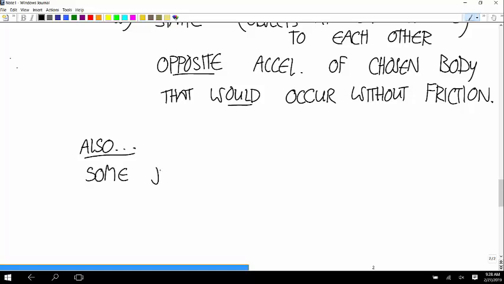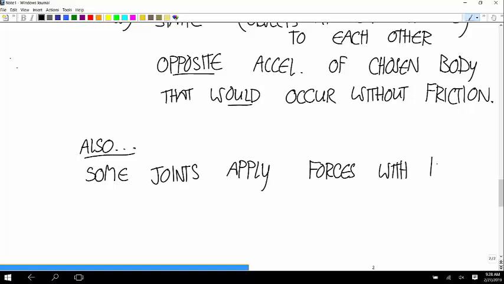So some joints apply forces with known directions. But in this class, we're really only going to be dealing with simple joints: rollers, frictionless contact, pin joints and ball and socket joints.